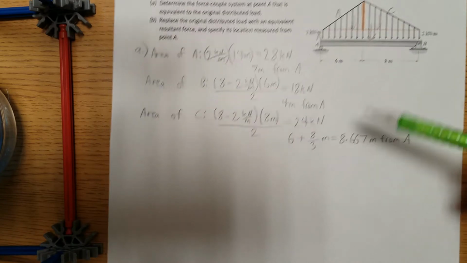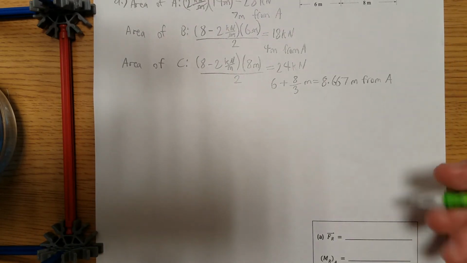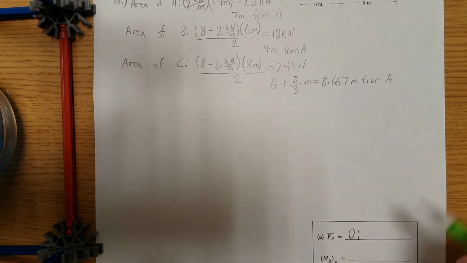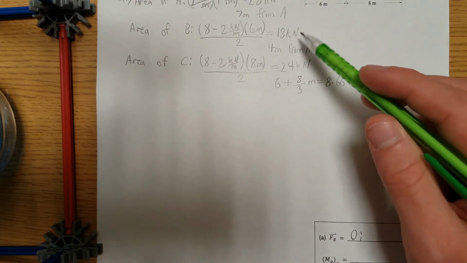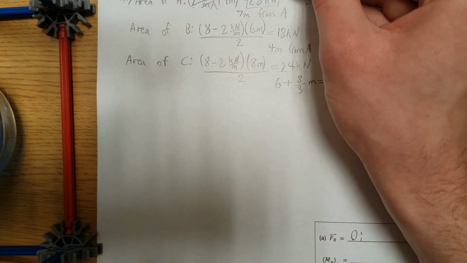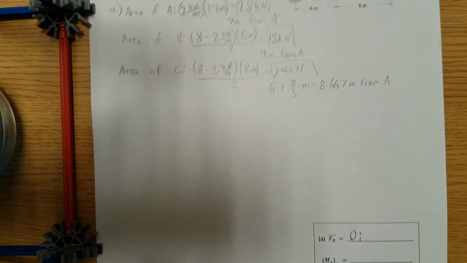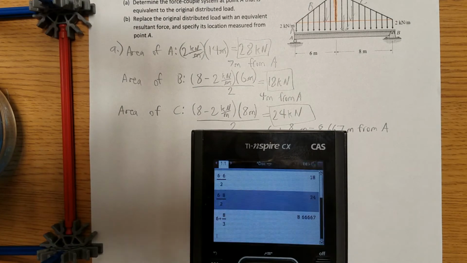And so when it's asking for the magnitude, or the vector format, we basically just know it's going to be 0i because there's nothing in the X. And then as far as the j, everything is acting in the Y, so we're going to want to add up all of these areas we found. To find the resultant force in that direction, we take our 28 plus 18 plus the 24.